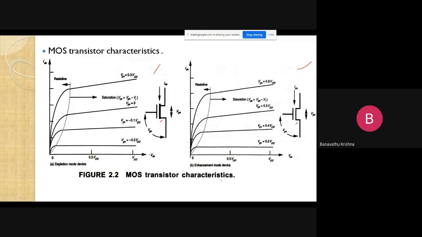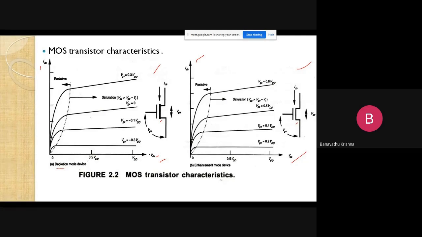You already know these characteristics, VDS versus IDS, like a FET characteristic. So this is depletion mode. Here VDS increases, that is 0.5 VDD and VDD along the x-axis. Based on this, we expect a current for different values of VGS.